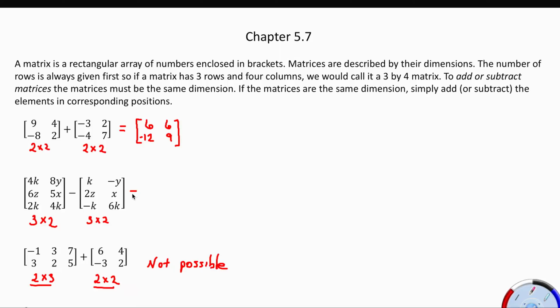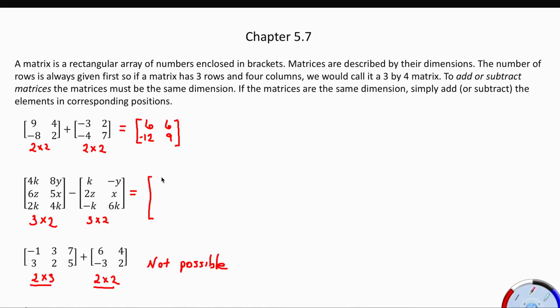Adding or subtracting matrices is just combining each element of each matrix with an element in the same position, and then listing it in that position in your answer matrix.